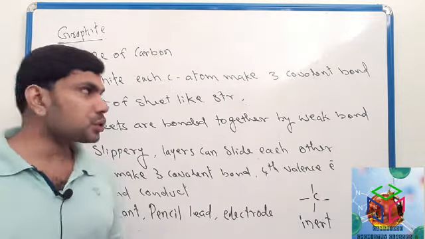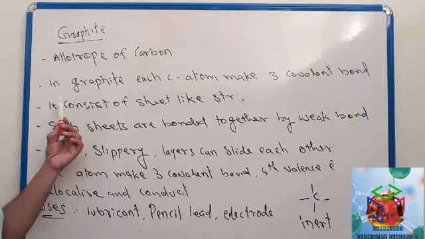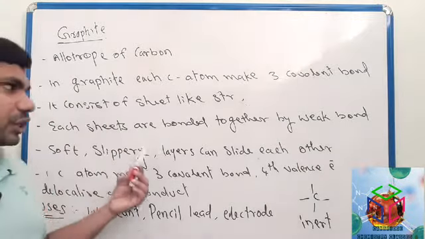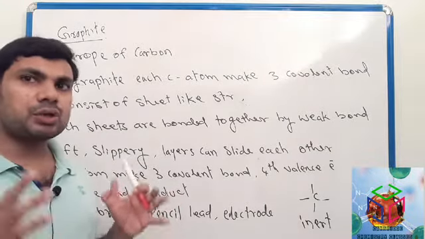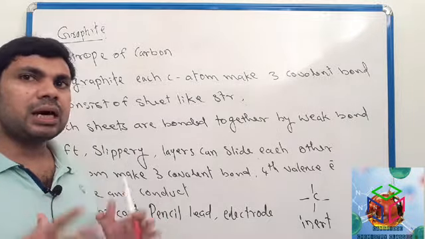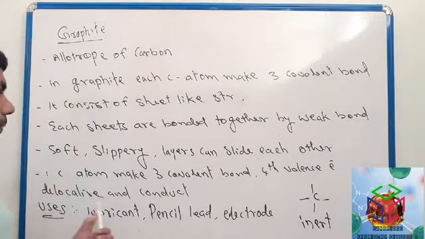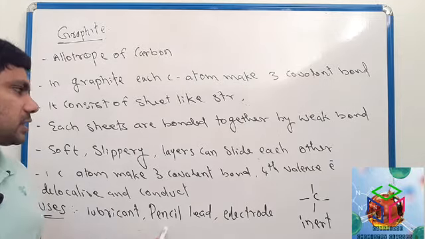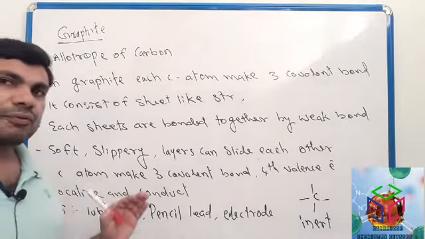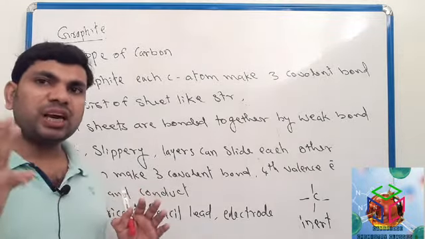Clear? So here we discussed graphite, which consists of a sheet-like structure. Each sheet is bonded together by weak bonds and these sheets can slide over each other. That's why it is used as a lubricant and pencil lead. And here in graphite, there are three strong covalent bonds.